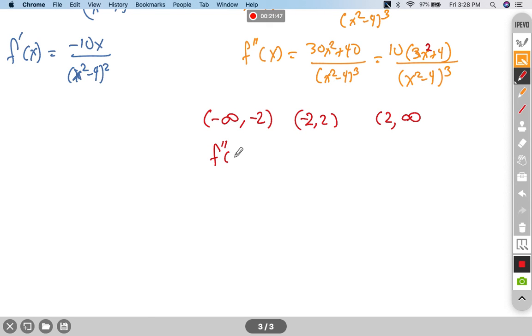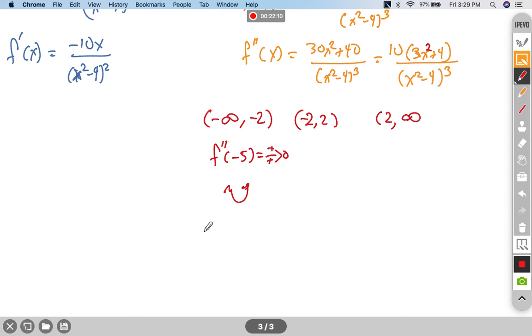So if we go less than negative 2, if we think about a number, again, I'm going to look here. The numerator is always going to be positive. Denominator, if we have like negative 5 squared is 25, this is going to be positive to the third power is positive, so this is greater than 0.